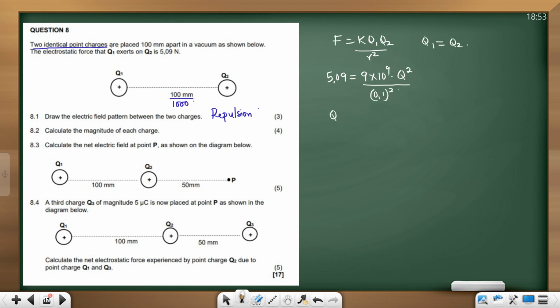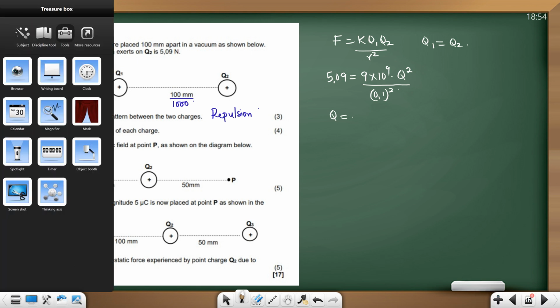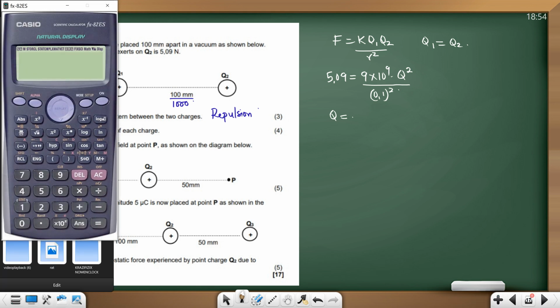Sweet learners, I'm sure you can get an answer from here. Let's see. What would we do? It's 5,09 times 0,1 squared. Please don't forget the squared, learners forget. Now, all of this, please use this button for division, not the normal division, because you could get things wrong.